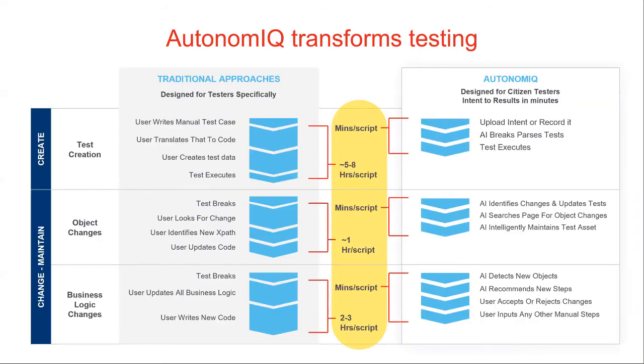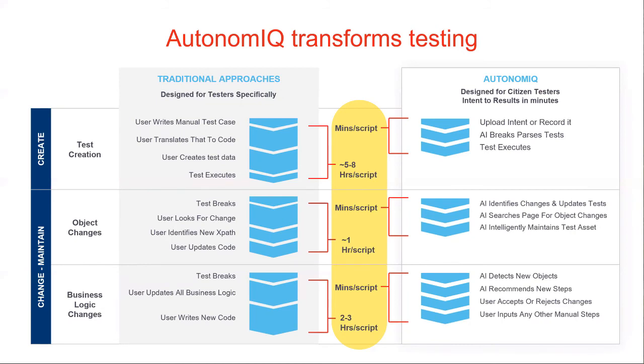By doing this, we have transformed testing in multiple ways. One is that anybody who can express intent is able to test and create test automation. So we call them citizen testers. We have created an opportunity where professional testers and citizen testers can collaborate. And that's what enterprises need to test both custom apps and SaaS apps.